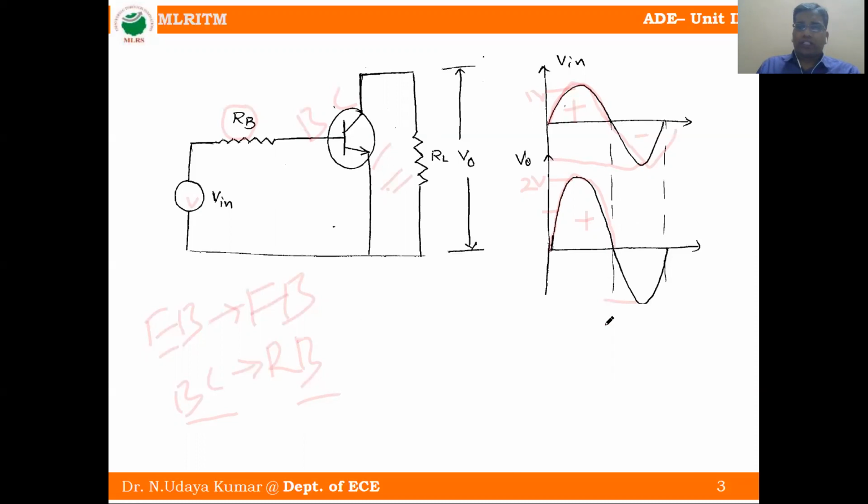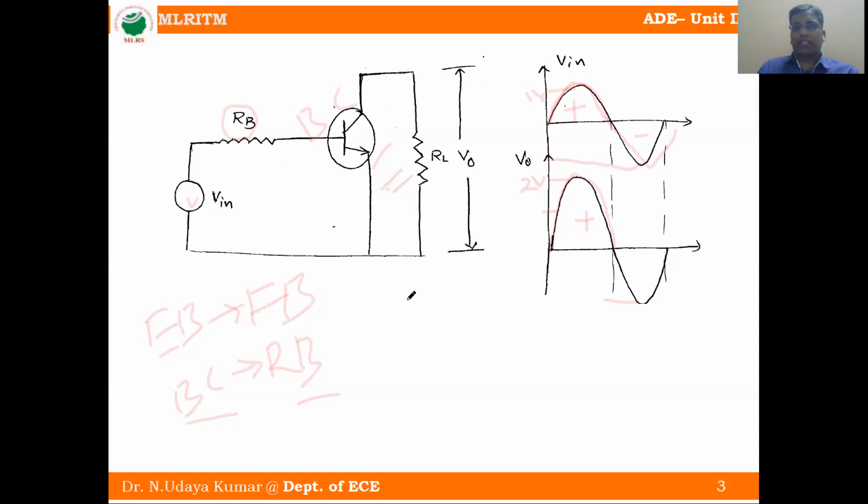This is unfaithful amplification because only one half cycle is amplified. The negative portion of the cycle is not amplified. So we call this unfaithful amplification. For faithful amplification, we go for biasing.